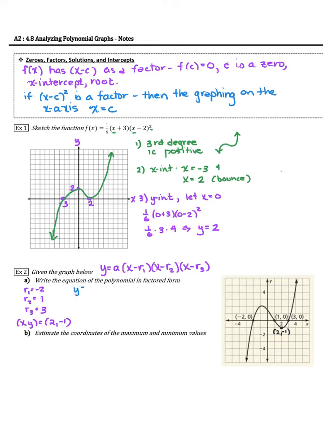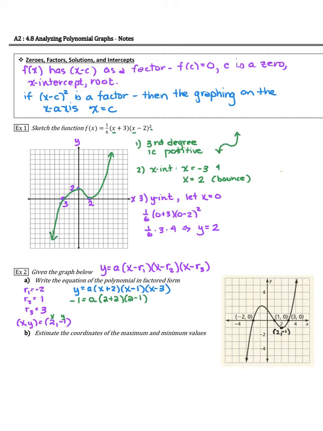So now we're going to do this step by step. Let's plug in our roots: y equals a times x plus 2, x minus 1, and x minus 3. Then we take our x and our y and plug these in. So I have -1 equals a, the a we want to solve for, and wherever I see an x, I plug in a 2.